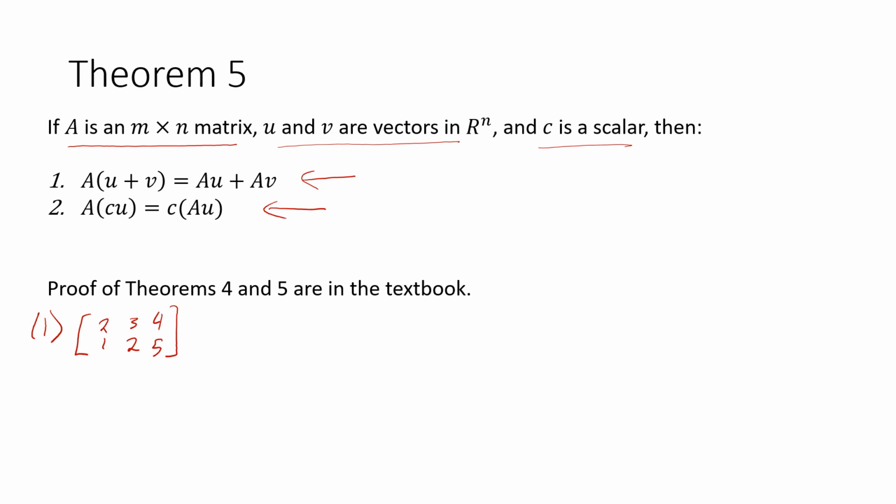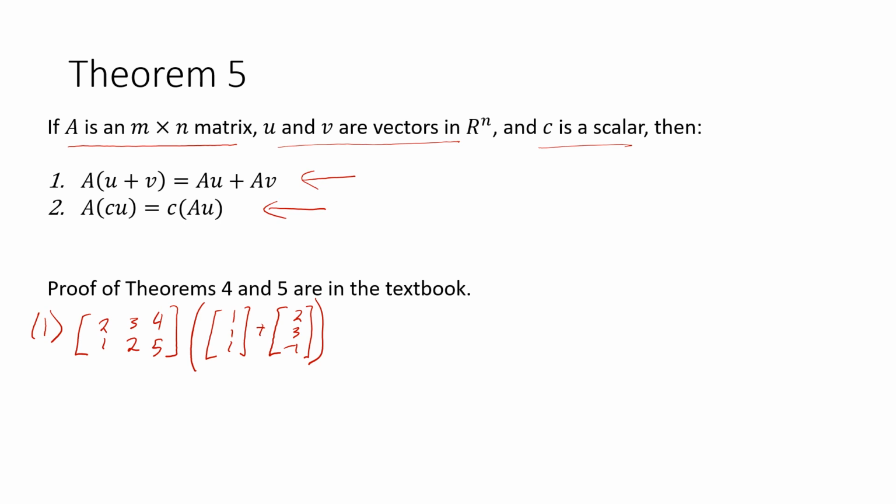And we want to multiply that by the sum of a couple of vectors. If we want to get this, we can add together the vectors and then multiply. You add together the vectors, you get a 3 by 1 vector, then you can multiply.